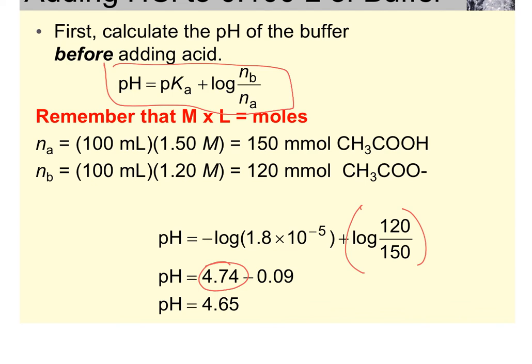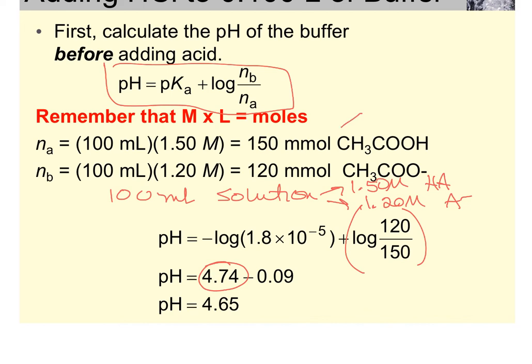It was 100 milliliters of a solution containing 1.5 molar of the weak acid and 1.2 molar of its conjugate base. Now, we didn't have to change these into moles, right?